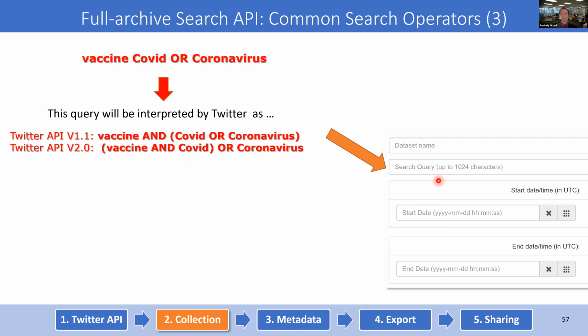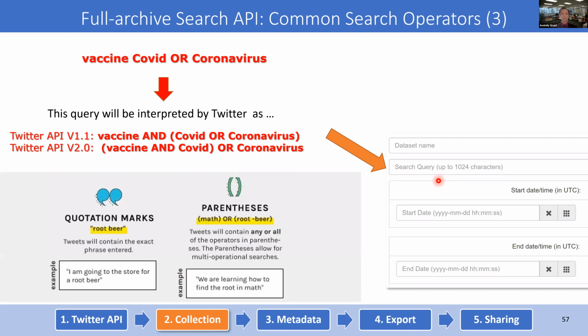But if you're not sure, if you're using this or other systems to collect Twitter data, what I suggest is to make sure you explicitly use parentheses to group your search operators, to explicitly state the way you want your search query to be interpreted. If you use parentheses and quote marks, if you're searching for specific quotes, then it doesn't really matter which version of the API you're using.